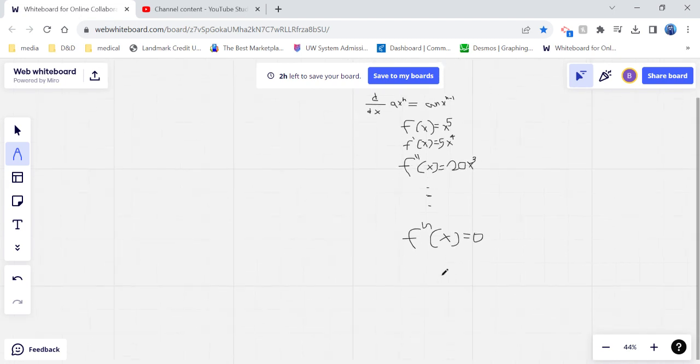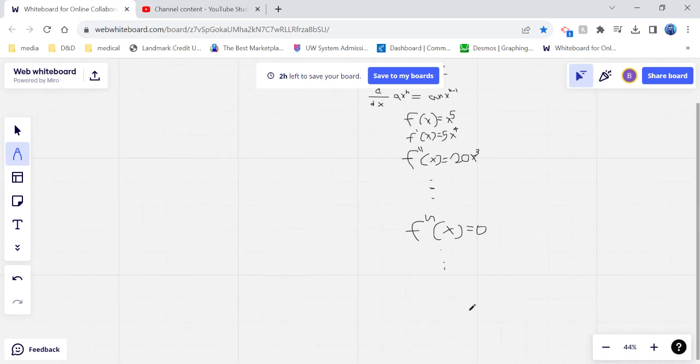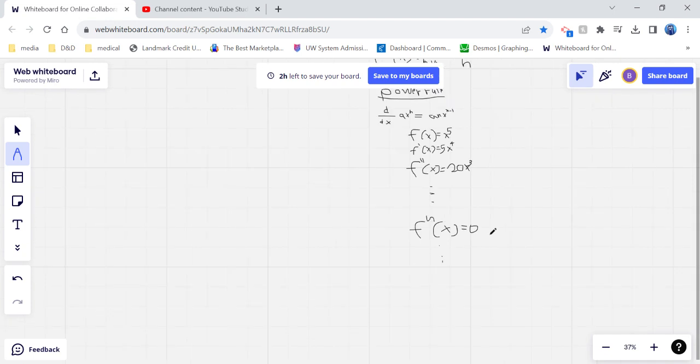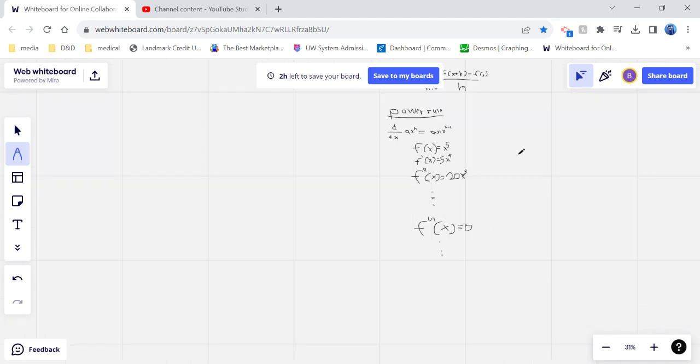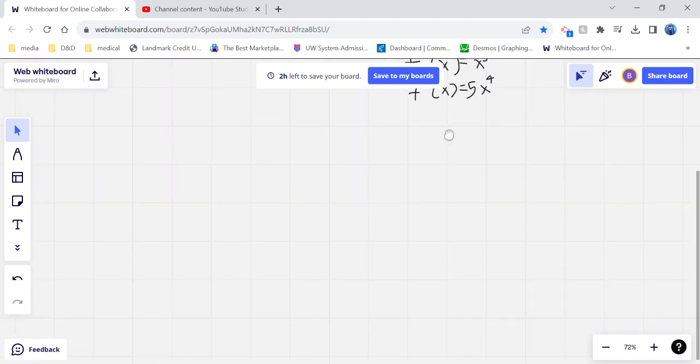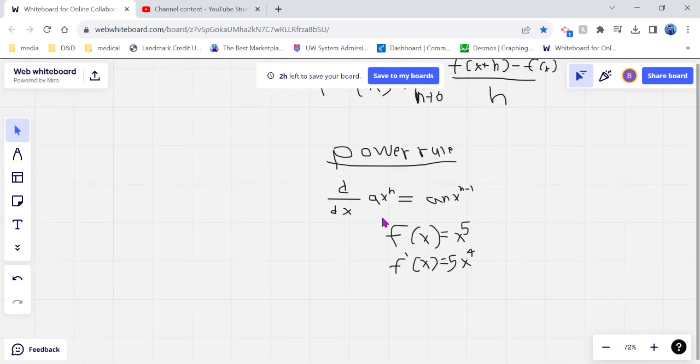And any derivative after that will also equal 0. But that's not what we're here for today. We're focused on the rules of derivatives, so I'll get off this tangent. I just want to make sure that you were aware that you can take as many derivatives as you want. There's almost no end to this.